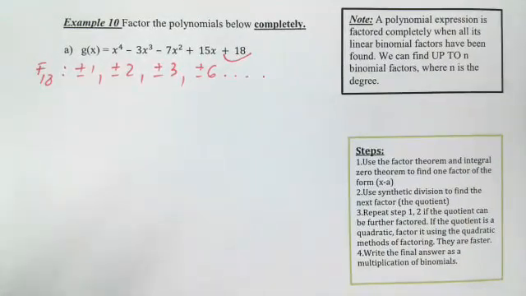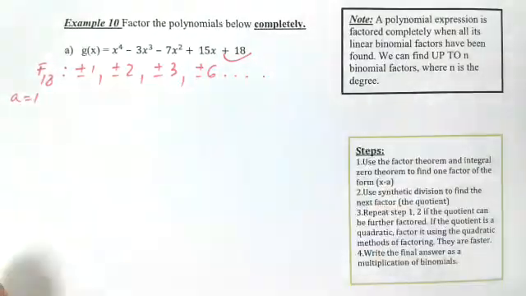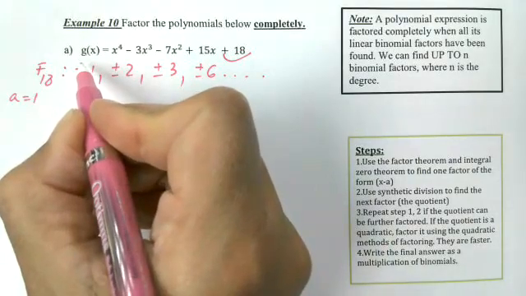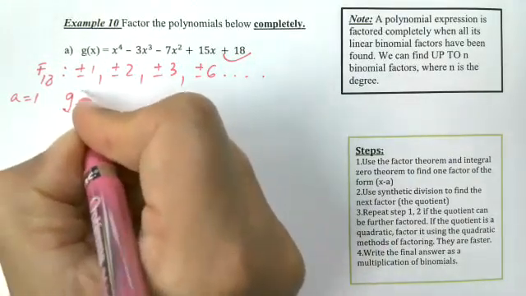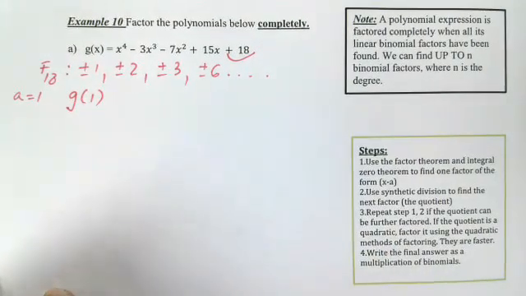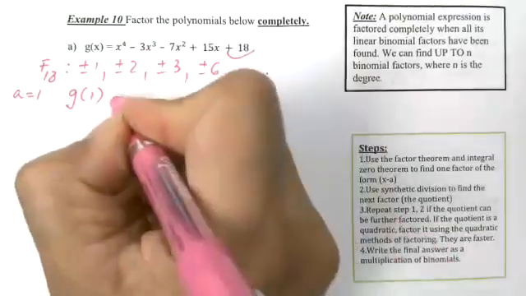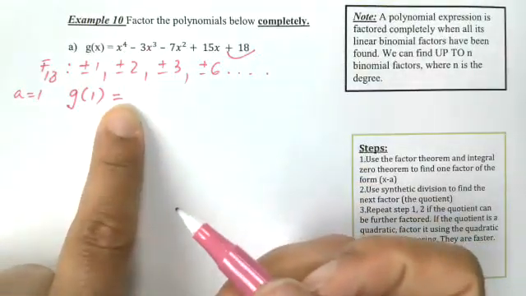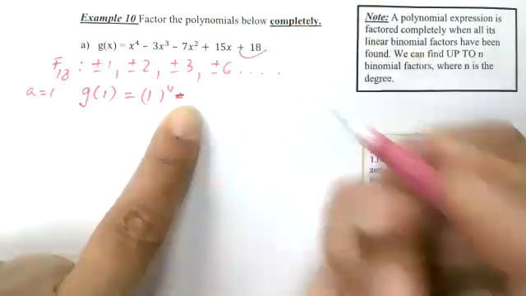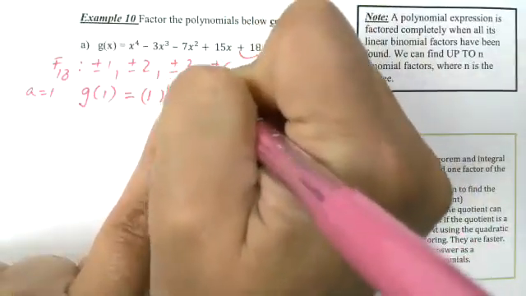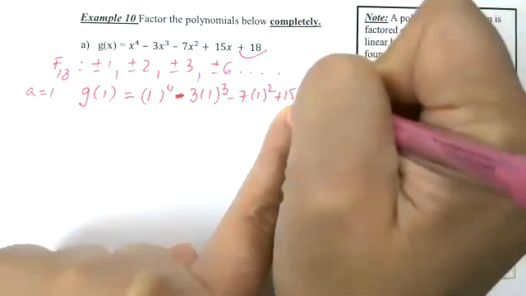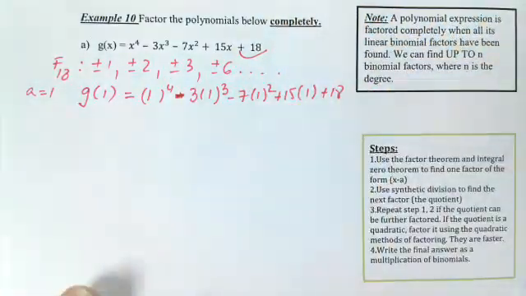Okay, the first one, a equals 1. Our polynomial is called g, not p of x, so we can just say g of 1. This is just a name for it, that's not a big deal. P or g or h or k. And then we're just going to replace all of the x's with 1. So we're checking the factor theorem. 1 to the 4 minus 3 times 1 cubed minus 7 times 1 squared plus 15 times 1 plus 18.